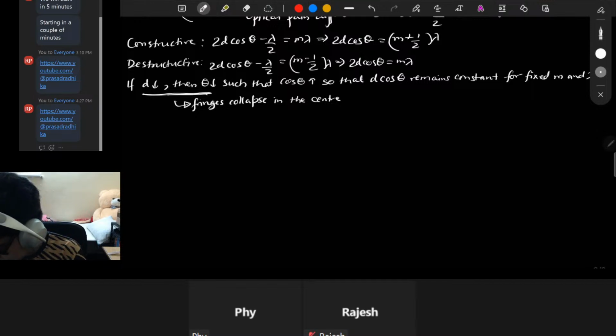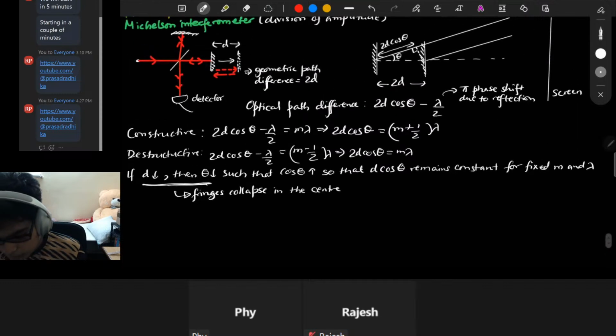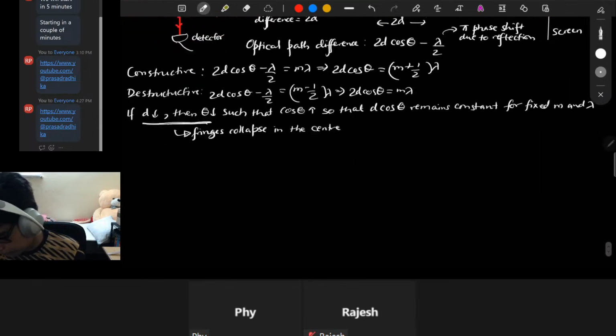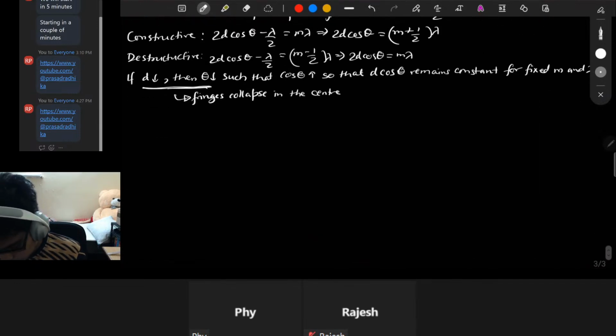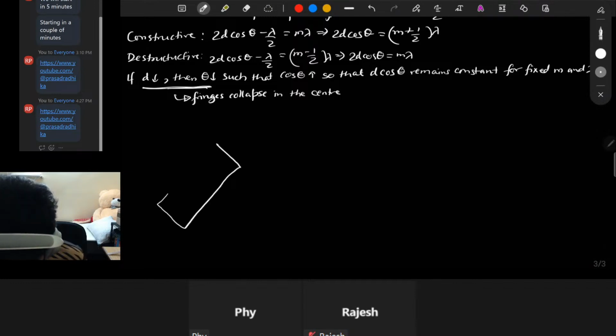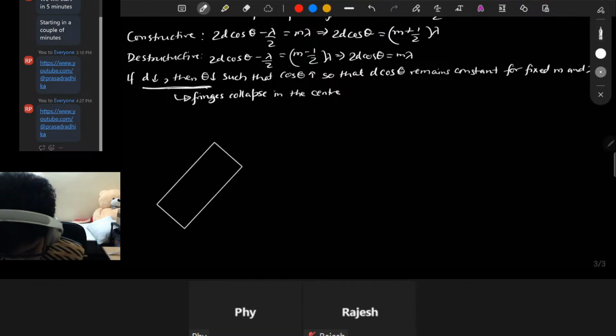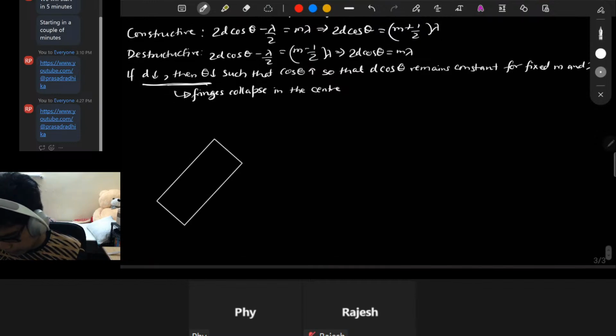So let me draw a little bit zoomed in version of this beam splitter so that we can see actually what is happening. So this is a zoomed in version of the beam splitter.